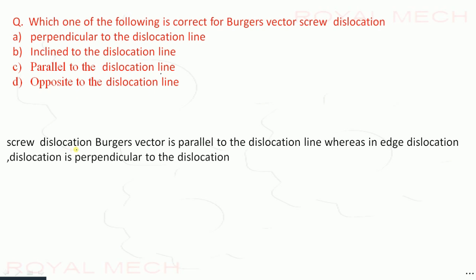So in screw dislocation the Burger vector is parallel to the dislocation line, whereas in edge dislocation it is perpendicular to the dislocation line. So here they are asking for screw dislocation of Burger's vector. So that is parallel to the dislocation line, that is option number C is the correct option.